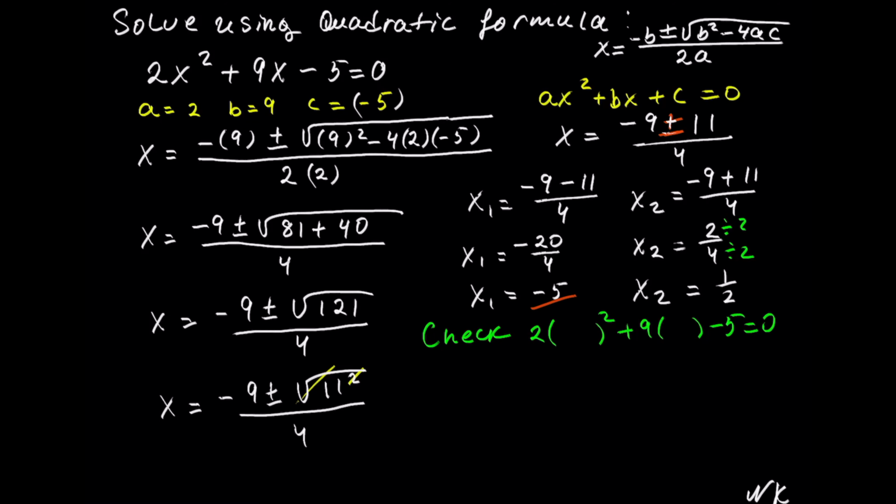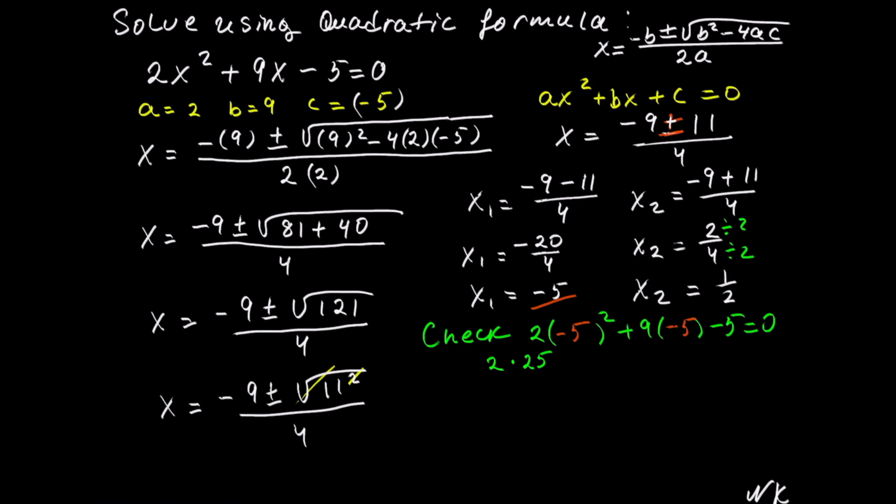Let's plug in x is equal to -5. Instead of x we plug in -5, and we get 2 times -5 squared plus 9 times -5 minus 5 has to be equal to 0. This will give us 2 times -5 squared is 25, so 2 times 25.